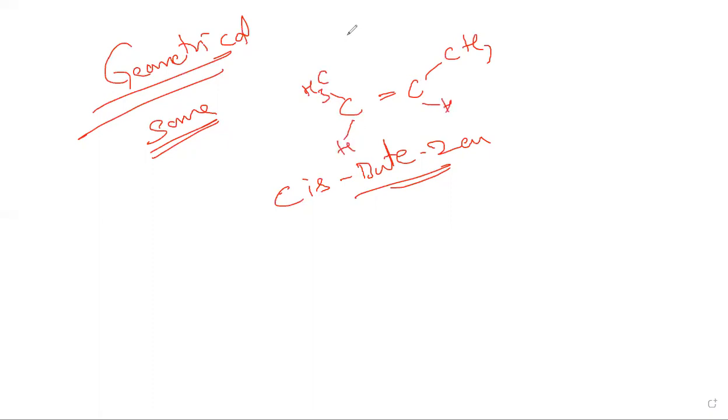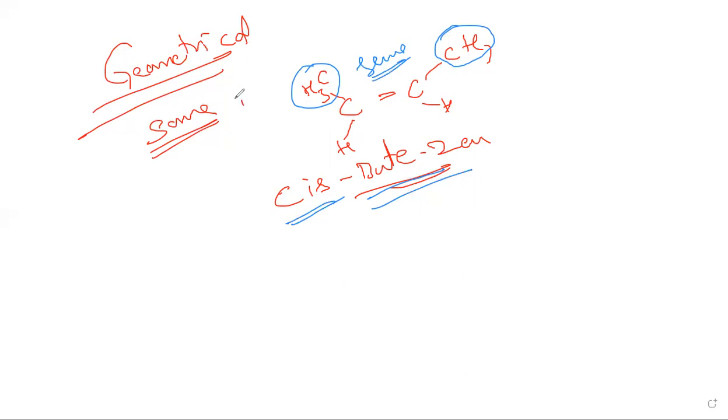In this structure, numbering the compound 1, 2, 3, 4, the second carbon has the double bond, so it is but-2-ene. Cis-but-2-ene: the CH3 groups are attached on the same side. When the CH3 groups are on the same side, it is called cis.